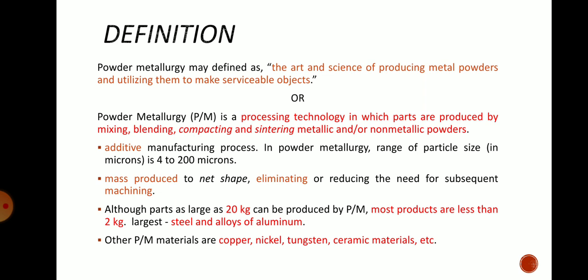These components have a larger size and can be produced by the powder metallurgy process. Other powder metallurgy materials are copper, nickel, tungsten and ceramic materials. These can also be used. Not only metal elements, but non-metal elements such as ceramic materials we can also use in the powder metallurgy process.